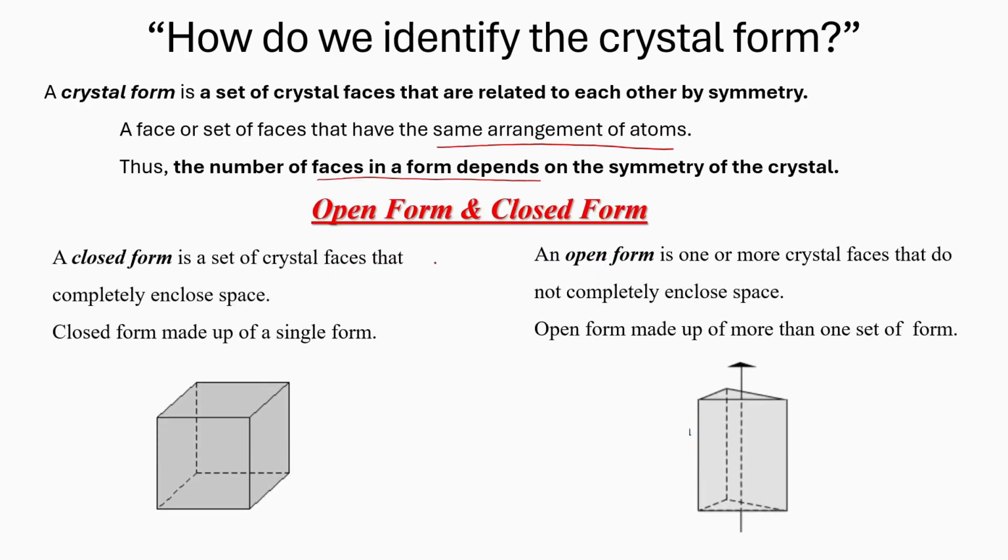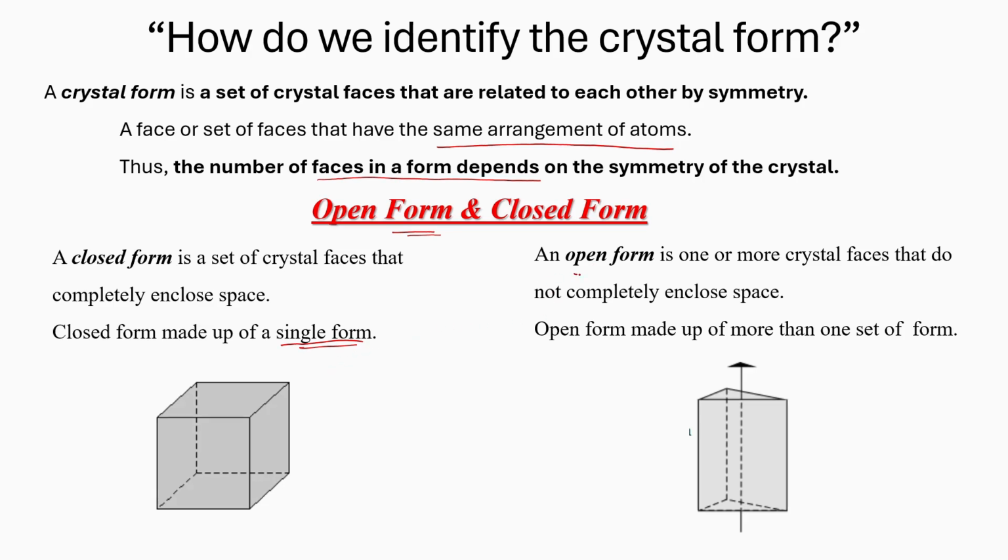Basically, crystal forms are classified into two different types. One is the open form, another is the closed form. A closed form is a set of crystal faces that completely enclose space. That means you can see only one set of faces.